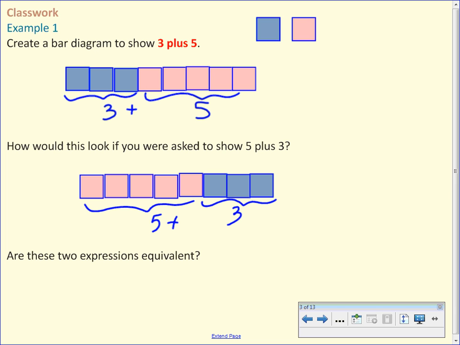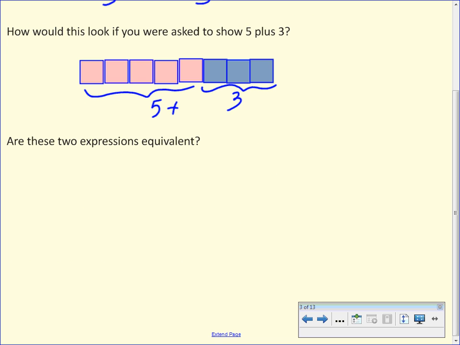Five plus 3. So if we were to draw those super neatly and equally, we would see that both of the bar diagrams are the same size because both bar diagrams equal what? How many units? 8. So are those two expressions equivalent? Yes, they are equivalent.